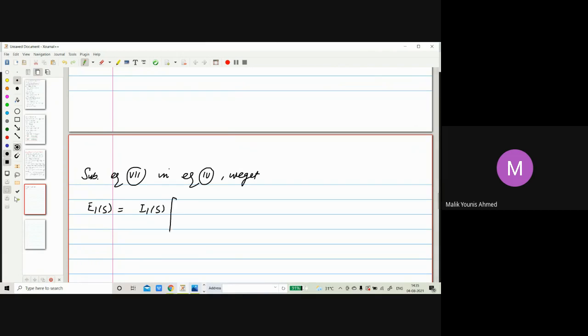I1 of S, R1 C1 of S plus 1 plus C1 L1 S square, divided by C1 of S, minus S M I2 of S. This is the equation we are getting here.